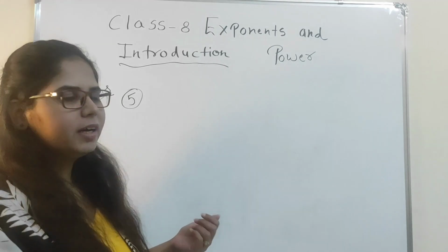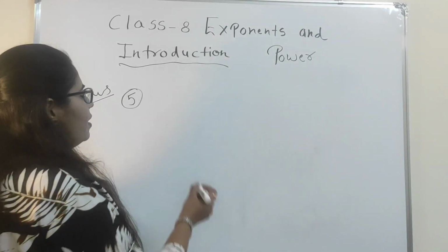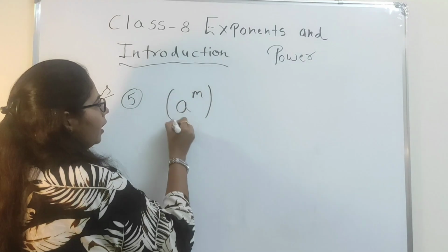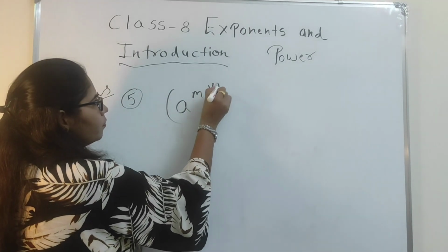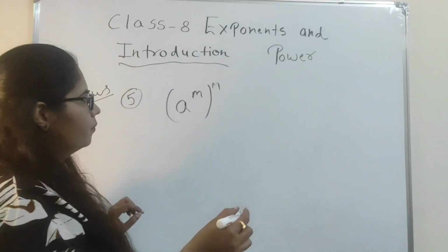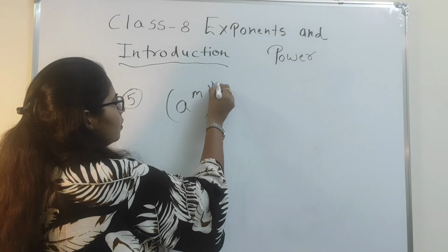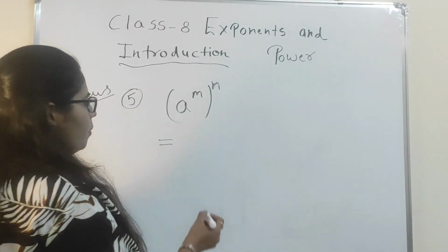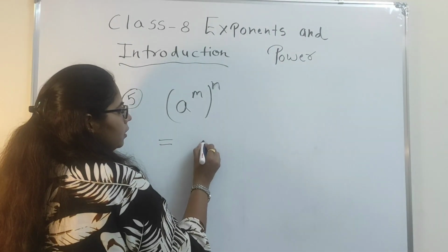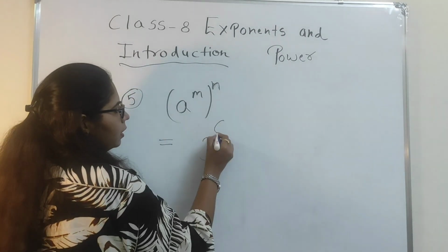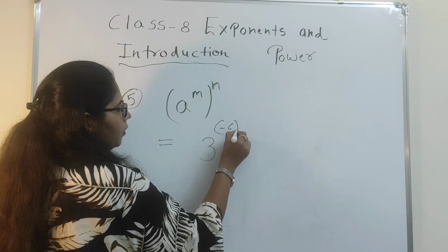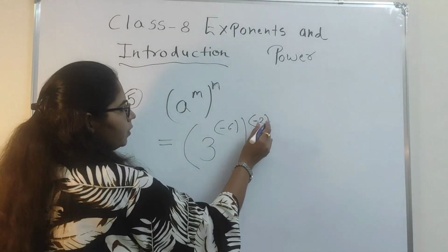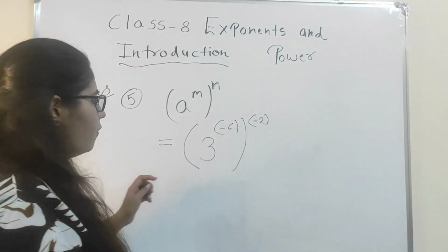Fifth law of exponent is power of power. Suppose a to the power m, and here is n. See, here are 2 powers. How will we solve it? We will see the example. Suppose 3 to the power negative 6 is here and one more power I have, negative 2. See, both are negative powers.